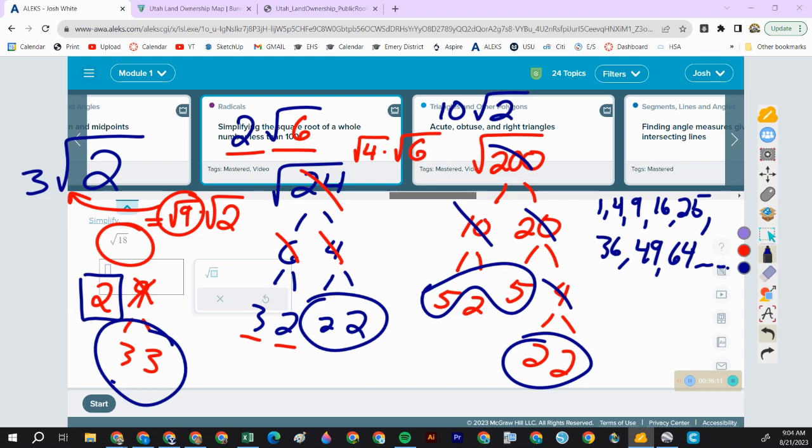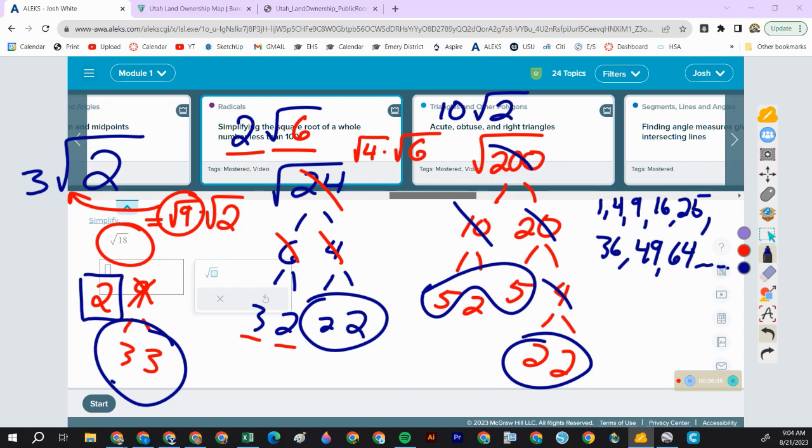Okay? Does 200 have any perfect squares in it? 4. Does 4 go into 200? Yes. 25. Does 25 go into 200? Yes, but there's a bigger one. No, 64 doesn't work.